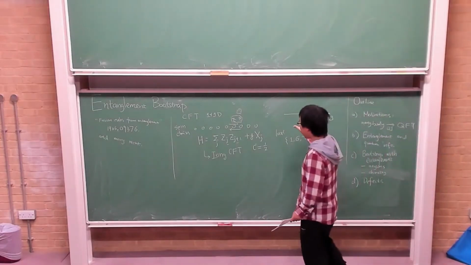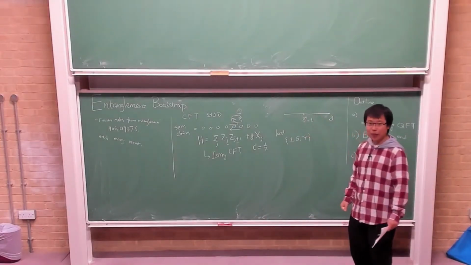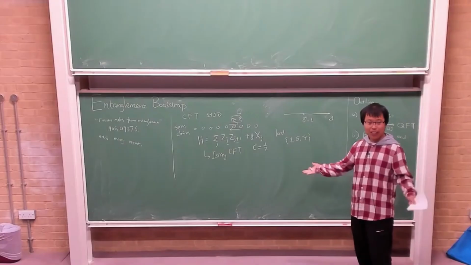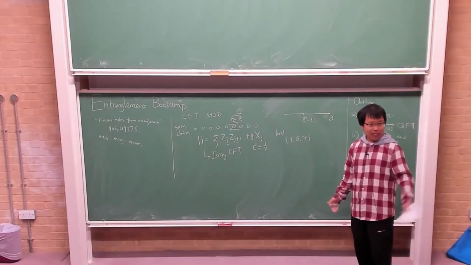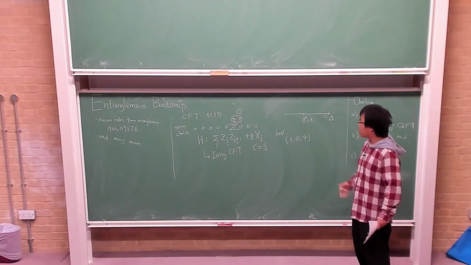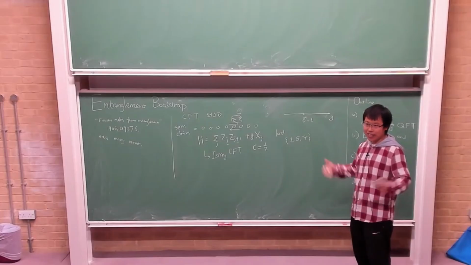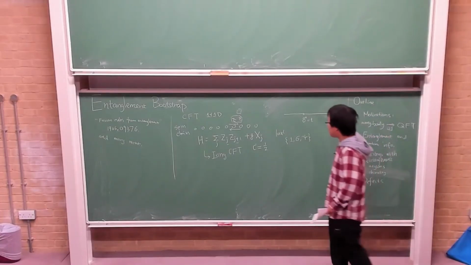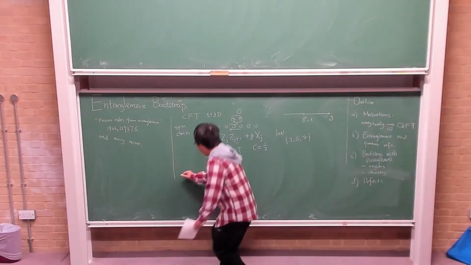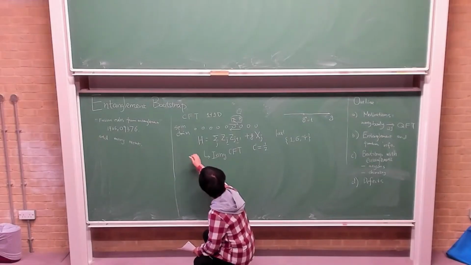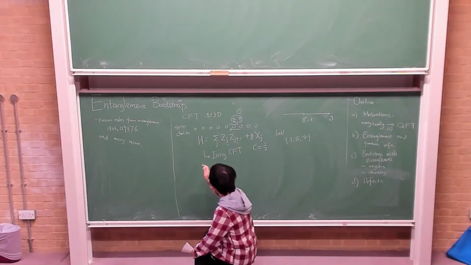This is one of the most studied models. You have field theory, you have a nice category description, and to solve it numerically you can use techniques like tensor networks and so on.